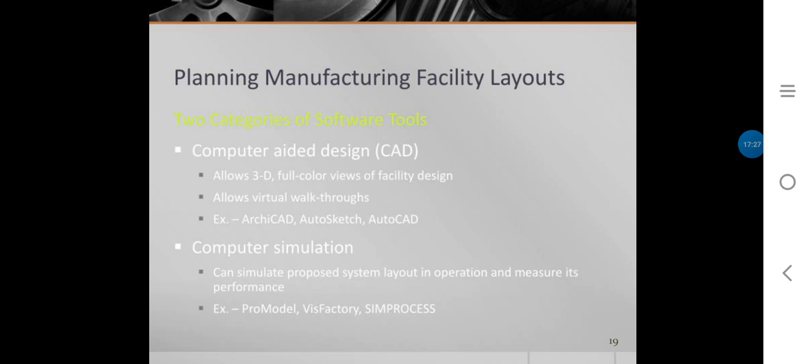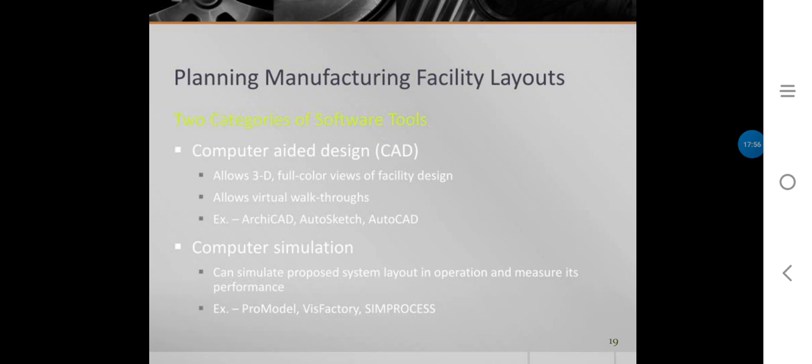And in the current era, we are not planning facility layouts manually. Basically, most of the time we use software tools for facility layout design. A good example and good feature is CAD, or computer aided design, which we can use for facility layout design. Examples are ArchiCAD, AutoSketch, and AutoCAD.